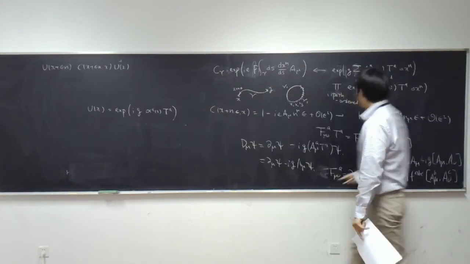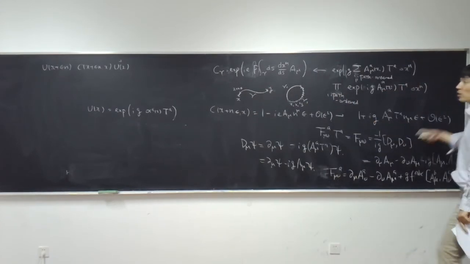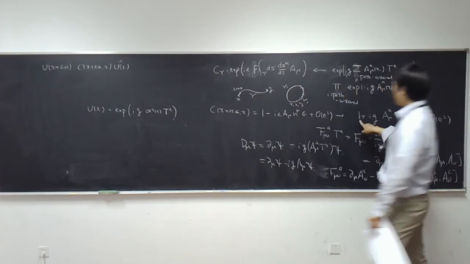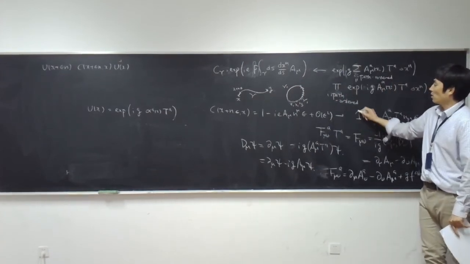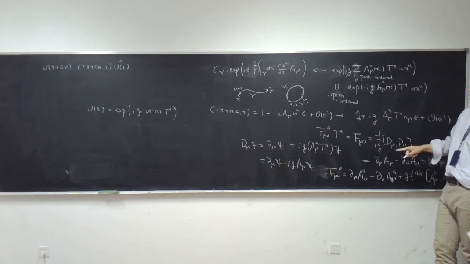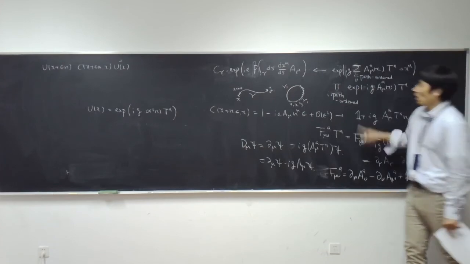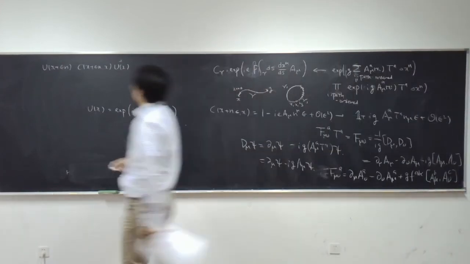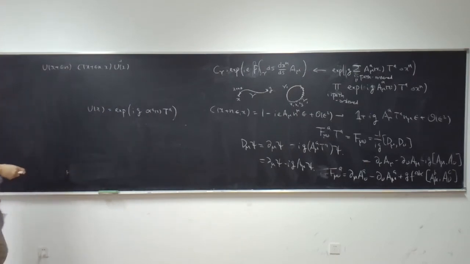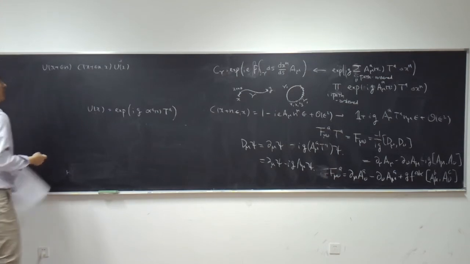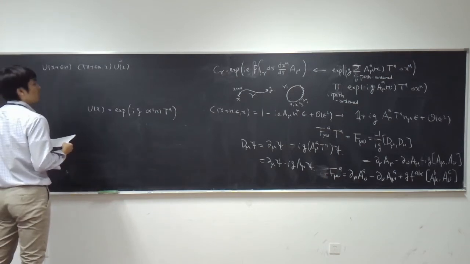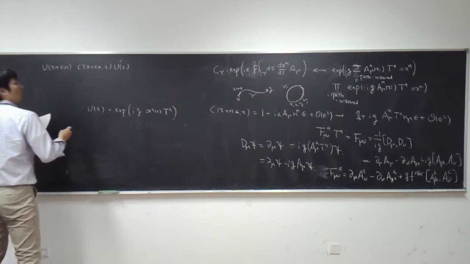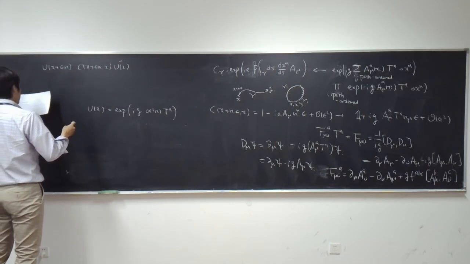The infinitesimal Wilson line is given by this matrix value. Of course, this one means the identity in the Lie group.